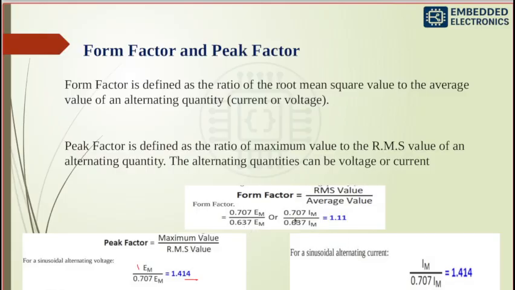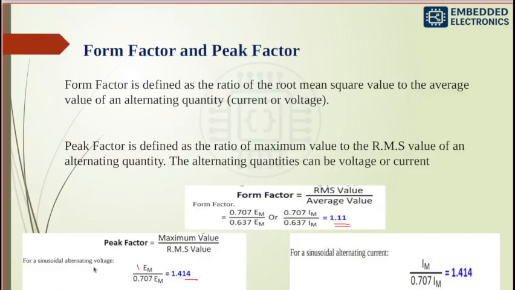For current, 0.707 Im divided by 0.637 Im. So the Im will cancel with each other, here Em also. Then 0.707 divided by 0.637 is nothing but 1.11.